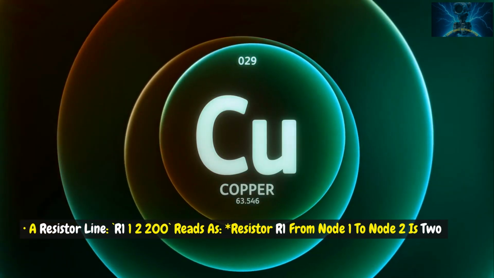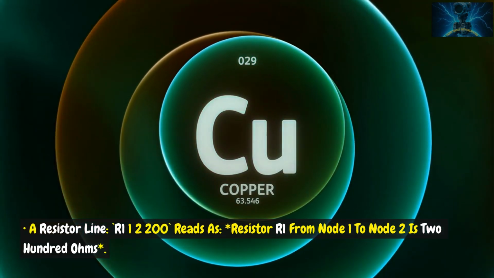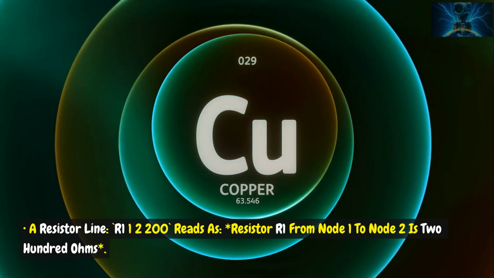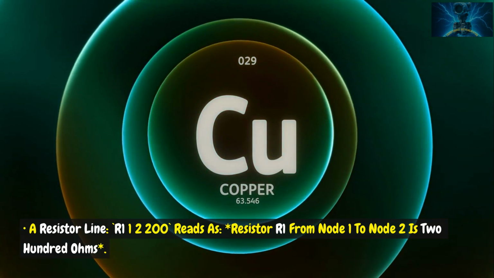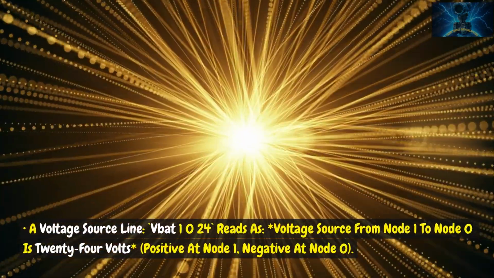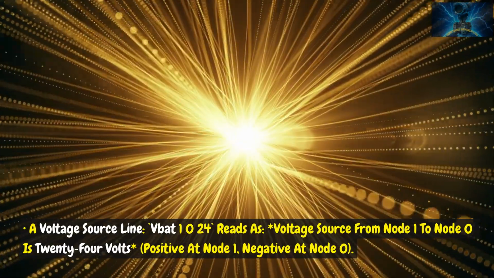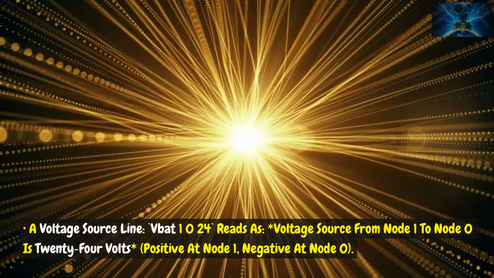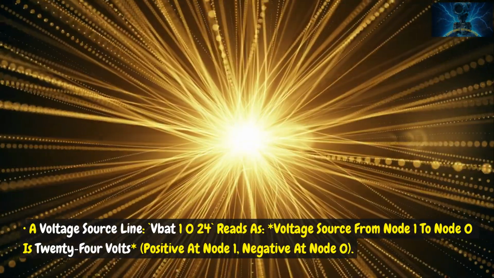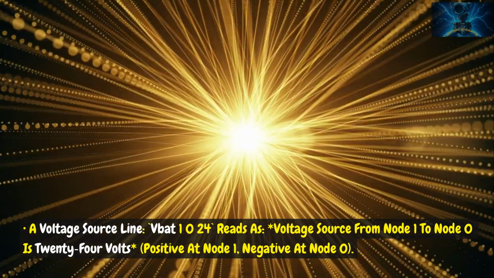A resistor line, R1 1 2 200, reads as: resistor R1 from node 1 to node 2 is 200 ohms. A voltage source line, VBAT 1 0 24, reads as: voltage source from node 1 to node 0 is 24 volts, positive at node 1, negative at node 0.